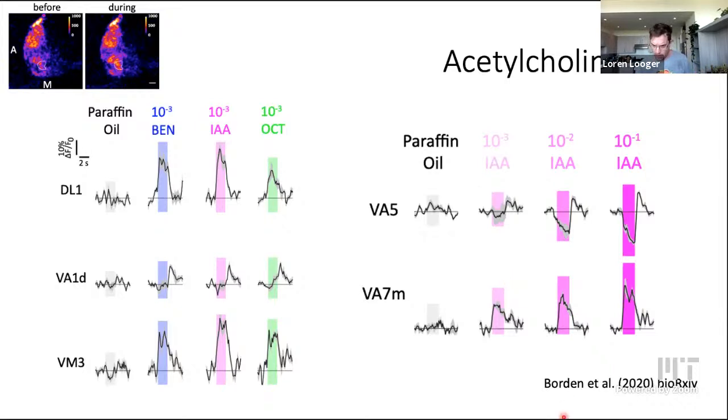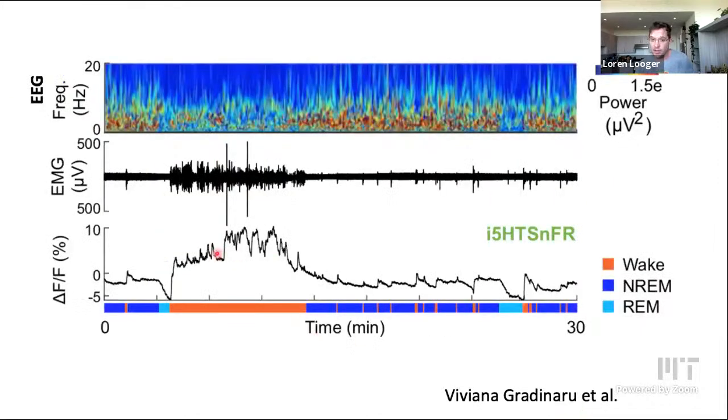We made a serotonin sensor in collaboration with Lin Tian, and this works really well in vivo. This is from Viviana Gradinaru. Actually, it's not imaging, this is fiber photometry.